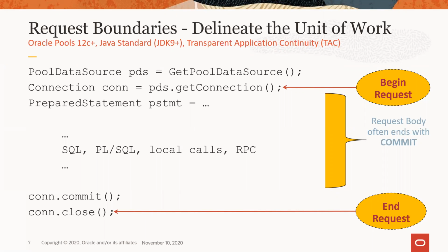It's built into the database. Its ability to delineate where the connection or where the database request starts and ends. And it's all based on what it sees as state changes within the session. So a state change in this case might be, well, I'm opening cursors, or I'm committing, or closing cursors.